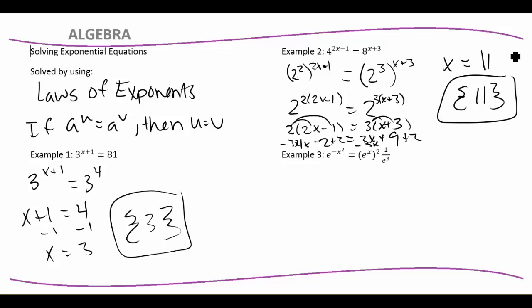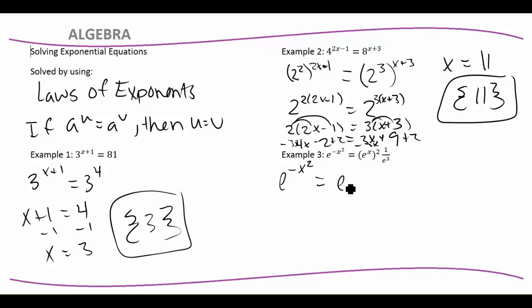Let's go to example number 3. Solve e to the negative x squared equals e to the x, all squared, times 1 over e cubed. We're going to use the law of exponents first to get a single expression with the base e on the right side. So we're going to focus on the right side, and the left side stays the same.